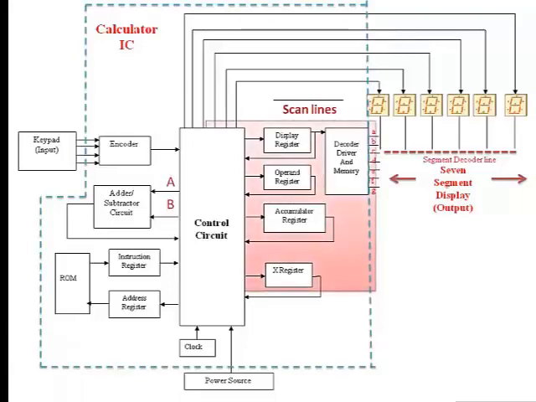Next, move on to the other unit, that is data storage register unit. As we know, data storage unit is used to store the binary data temporarily. It consists of 4 different register elements.